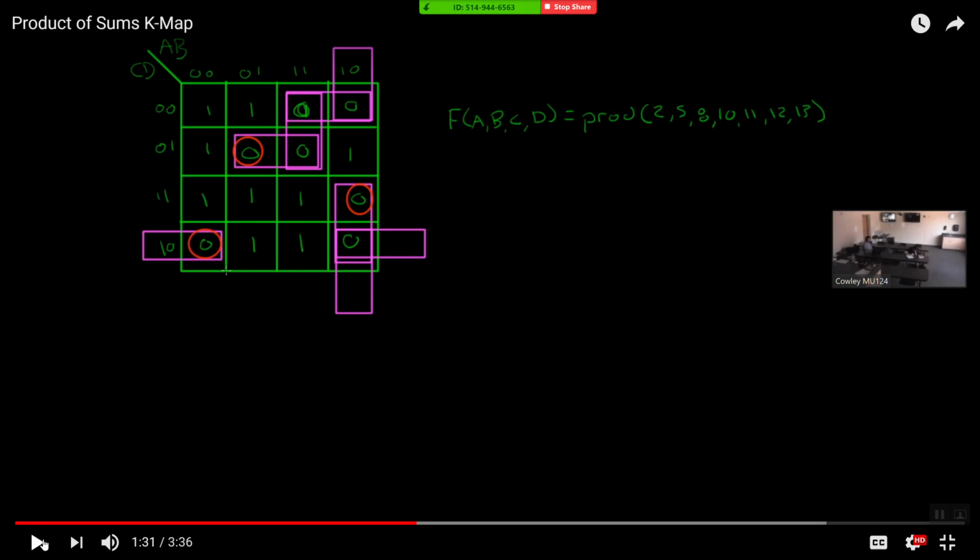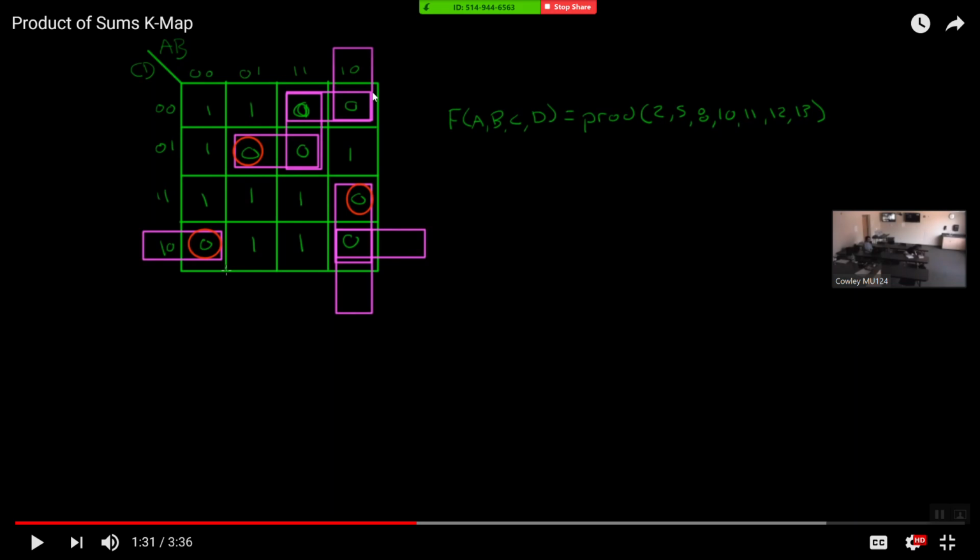Do you see why those are prime implicants? Everything else is used twice, isn't it? Like this 0 here is used by this rectangle, and it's also used by this rectangle.